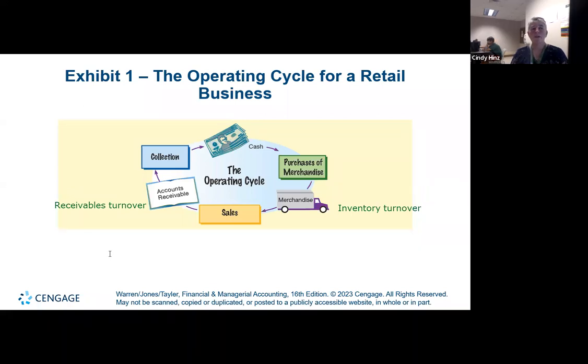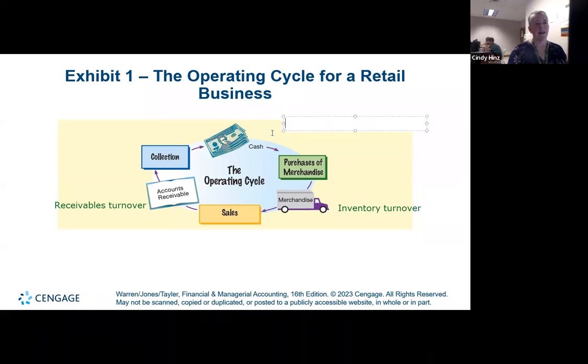And there's a part here that's not really shown, but is definitely actually more likely than the accounts receivable piece. And that is, for most businesses, they're not paying cash when they buy their inventory. Instead, they would buy it on credit. And so there's going to be a gap between the time we buy the merchandise and when we pay our suppliers.